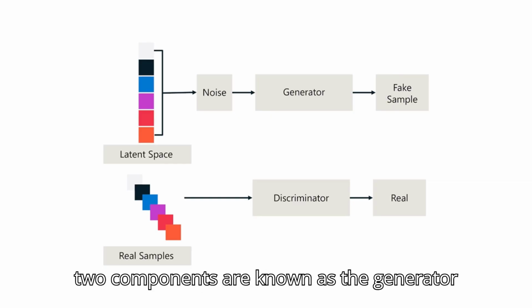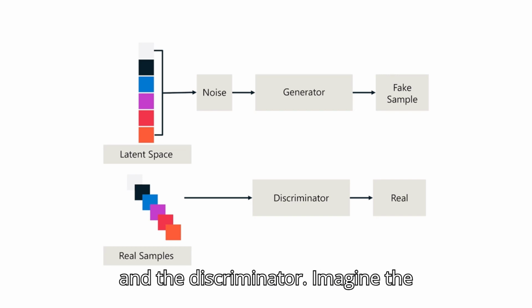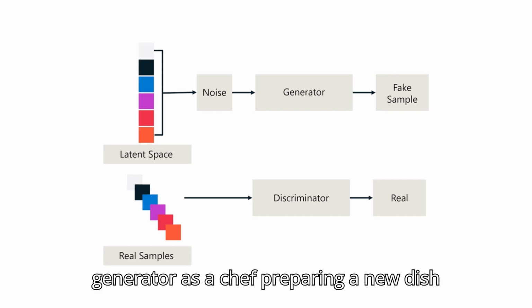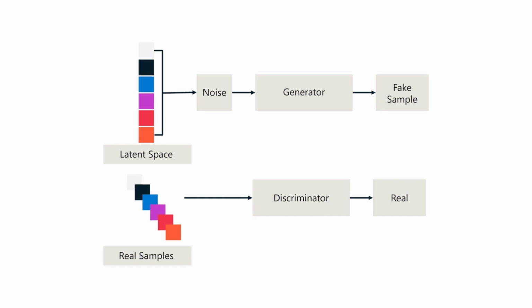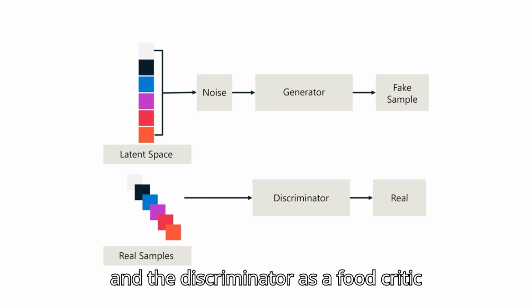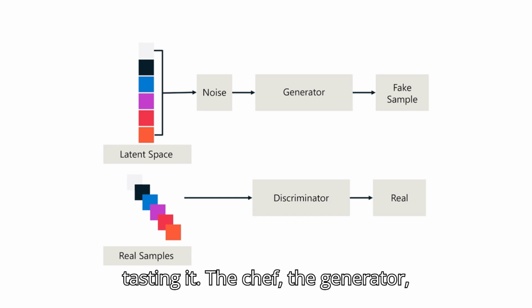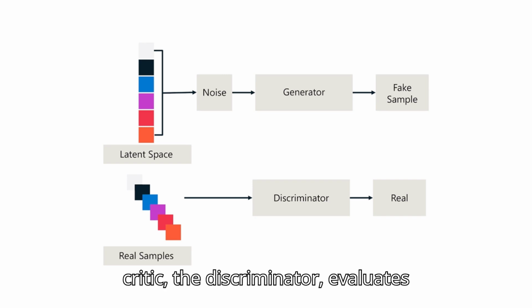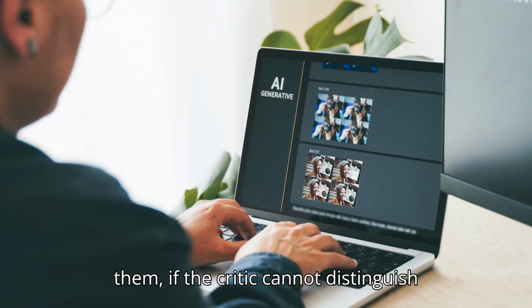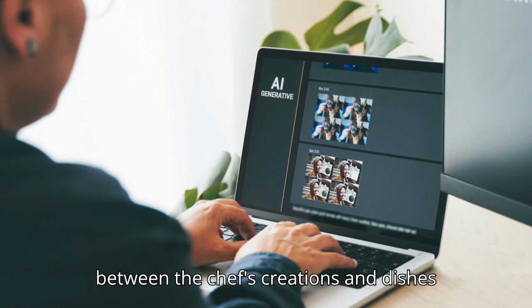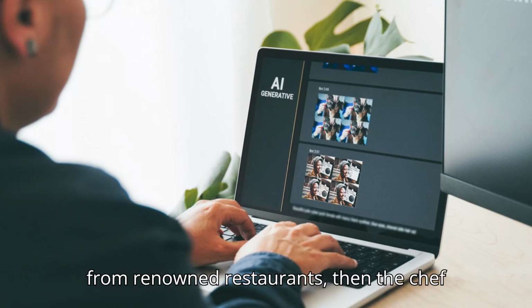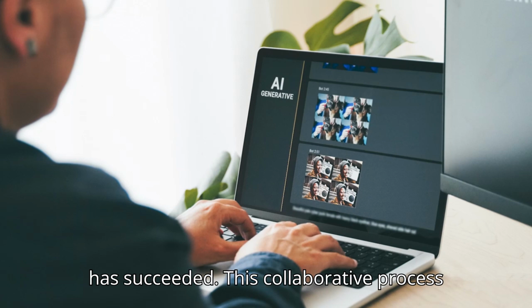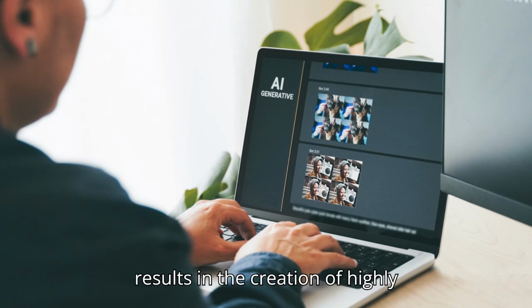Imagine the generator as a chef preparing a new dish and the discriminator as a food critic tasting it. The chef, the generator, creates new dishes, while the food critic, the discriminator, evaluates them. If the critic cannot distinguish between the chef's creations and dishes from renowned restaurants, then the chef has succeeded. This collaborative process results in the creation of highly realistic and refined outputs.